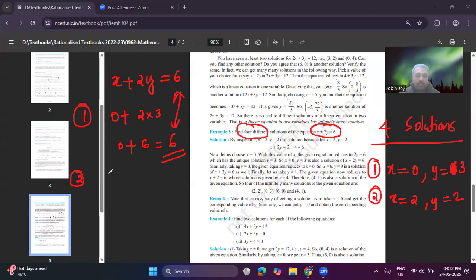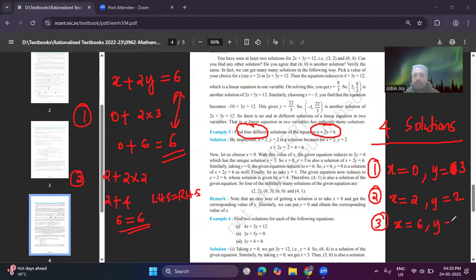So 2 plus 2 into y, which is 2, so 2 plus 4. What is 2 plus 4? 6. So 6 equal to 6. Left hand side is equal to right hand side. So this is the second solution. And try the third one: x equal to 6, y equal to 0.